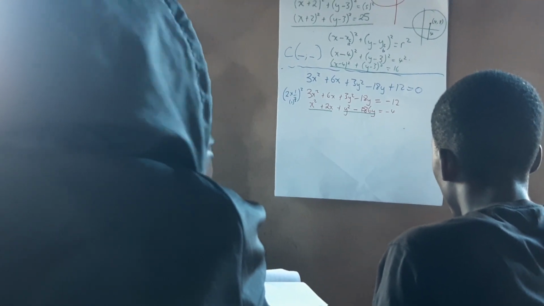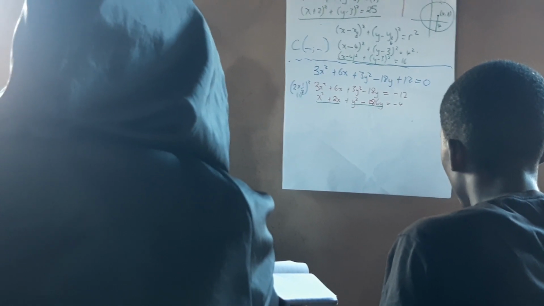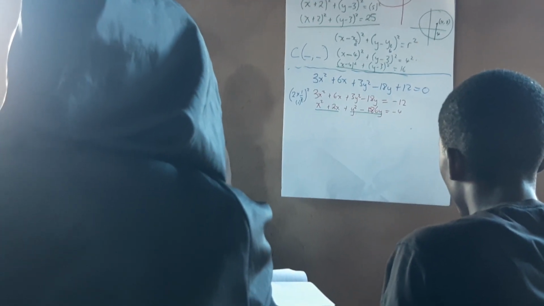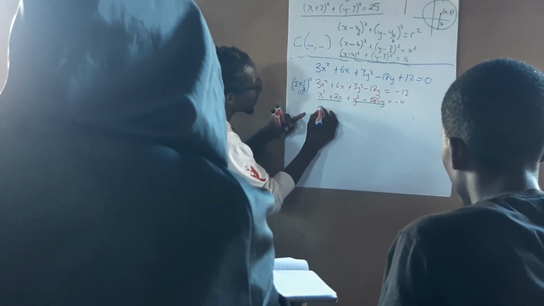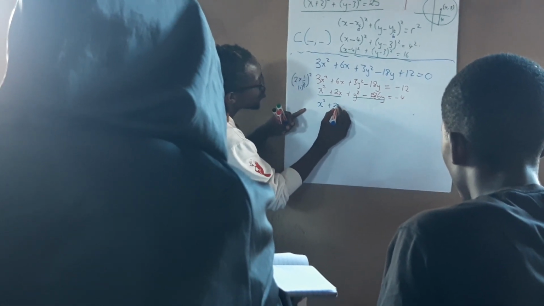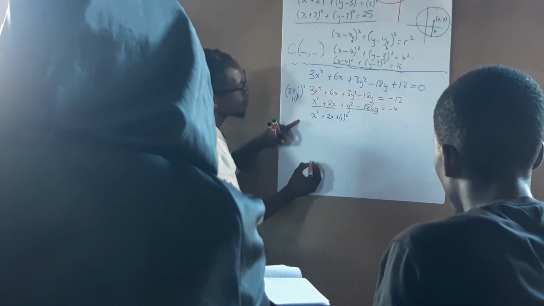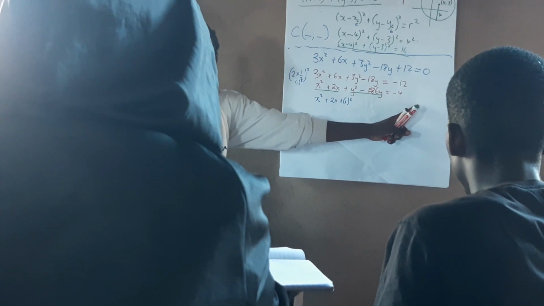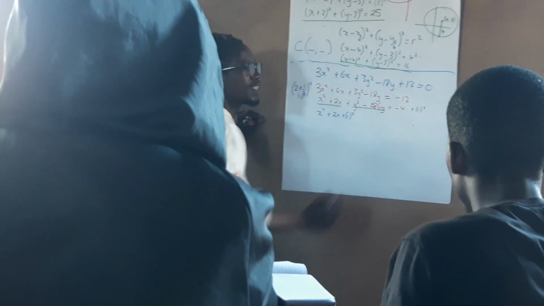After doing that, we add that to both sides of the equation. What you do on the left hand side, you must do on the right hand side. So this gives us x squared plus 2x plus 1 squared, and we must also add plus 1 squared on that side.